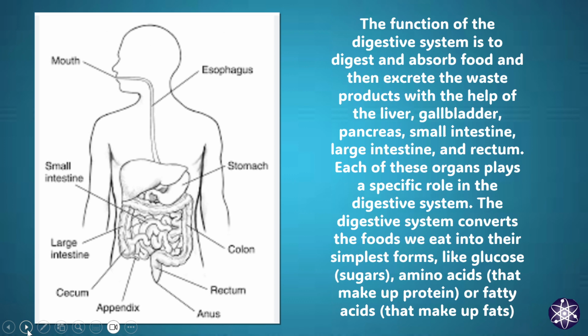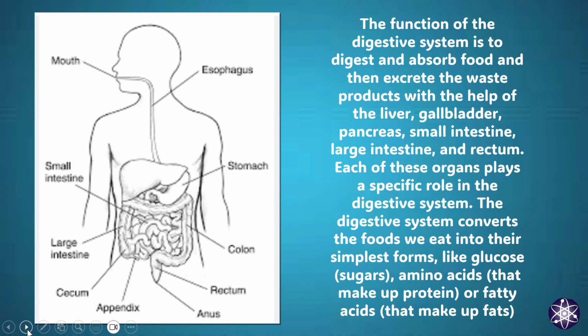Now, the function of the digestive system is to digest and absorb food and then excrete the waste products with the help of the liver, gallbladder, pancreas, small intestine, the large intestine, and of course, the rectum.